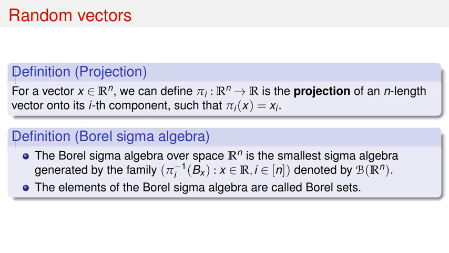Here B sub x is an interval from minus infinity to x, inclusive, as we defined for single random variables. x is any real number and I ranges from 1 to n for each component. The elements of this Borel sigma algebra script B of R to the n are called Borel sets in R to the n.